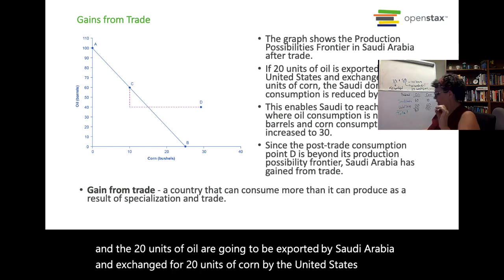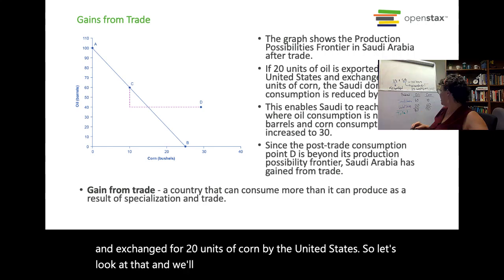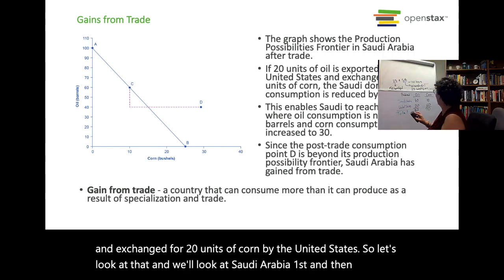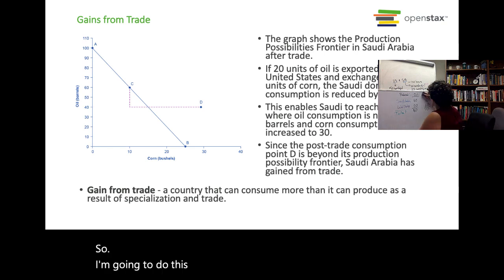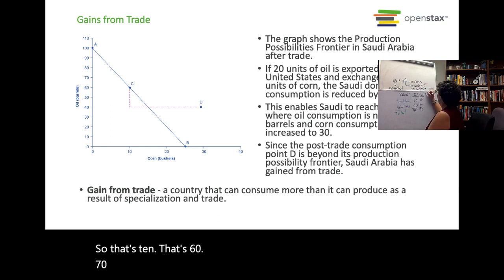So let's look at that, and we'll look at Saudi Arabia first, and then we'll look at the United States. So how am I going to do this? Let's put it this way. Okay. So that's 10, that's 60, that's 70, and then trade.